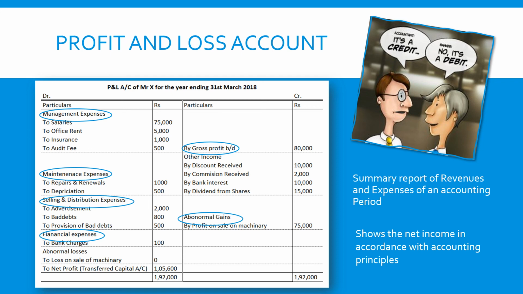If I go back to my accounting concepts, I need to create an accrual for this office rent. In principle I have already incurred this 5,000, but in the form of cash I will pay later. So we will create a provision for this and say that we have incurred this office rent but will pay it later, and we take that expense hit in this financial year, because that expense belongs to this financial year.